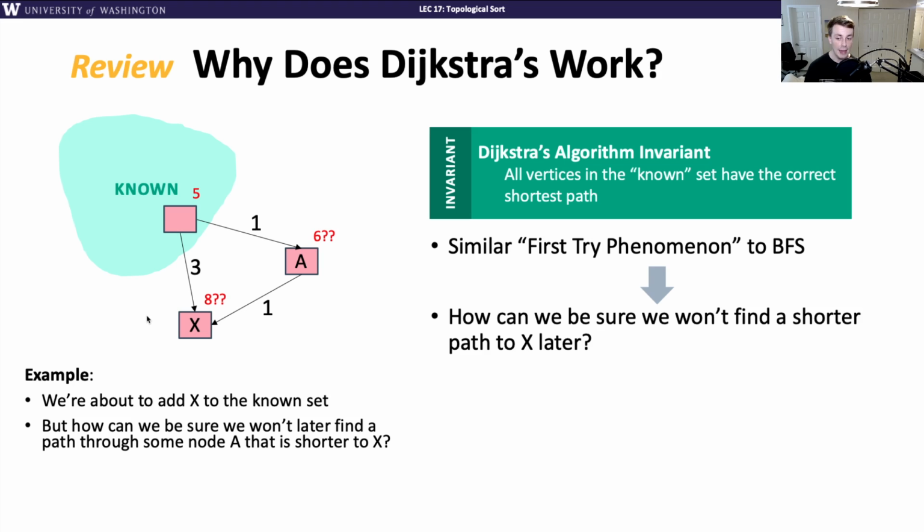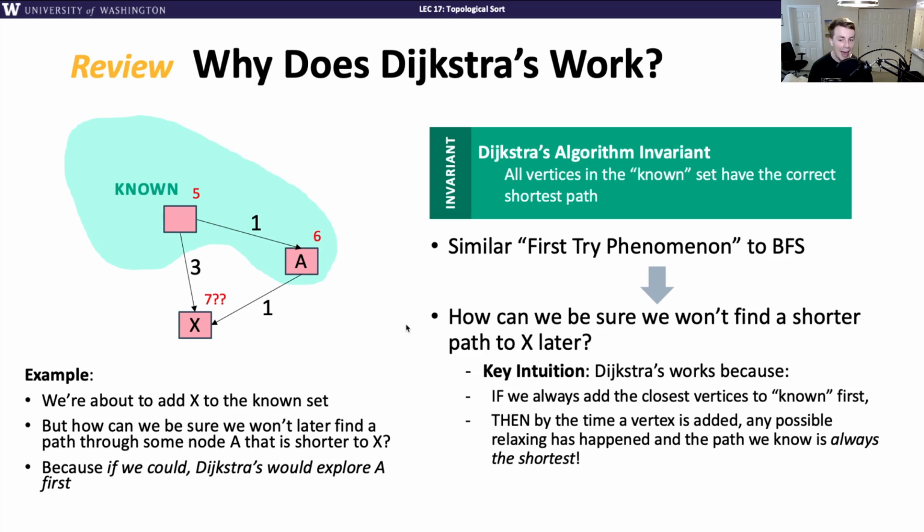So the only way for x to be added to our known set before A is if this edge weight from this blank node to x is less than the distance from the blank node to A. In this little example here, where the path from the blank node to A to x is actually shorter than the distance from the blank node to x, we would not explore x first because we always explore the node with the closest distance. So we would add A to our known set first and then update x. So exploring the closest is the key idea that enables Dijkstra's invariant.